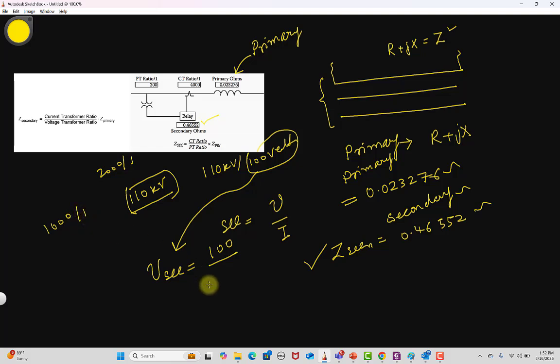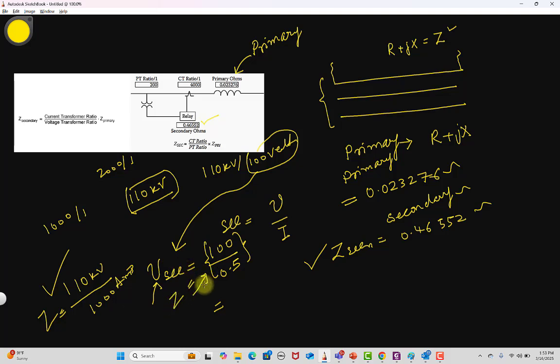Then you can see the current at the secondary side will be 0.5, and you can see this is the value of ohms that will be seen by the relay, and the primary ohms are equal to 110 kV divided by 1000 amps. So here you can see the actual value of impedance is this, whereas the impedance that's seen by the relay is this much.